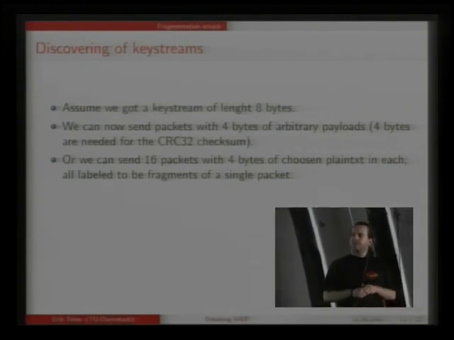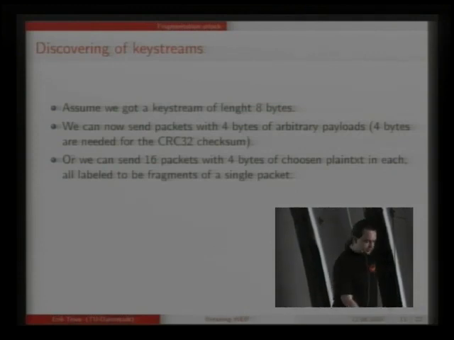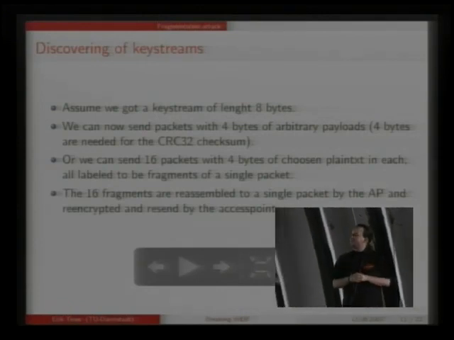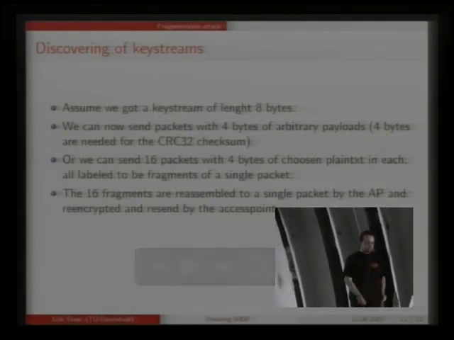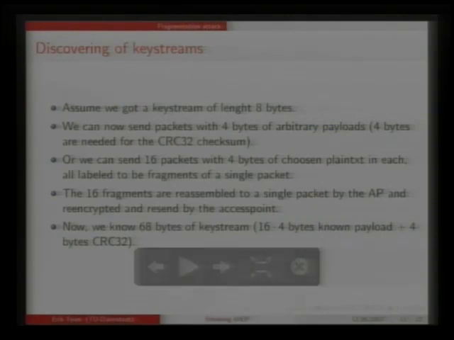And what happens is the access point will combine these fragments into one single packet because it can send larger packets, and will relay that packet. And if we capture the relay, we now suddenly know 68 bytes of key stream, which are 64 bytes, 16 times 4 bytes from the fragments we sent, plus the 4 bytes of the checksum of the plain text. So this can be used for discovering large key streams.